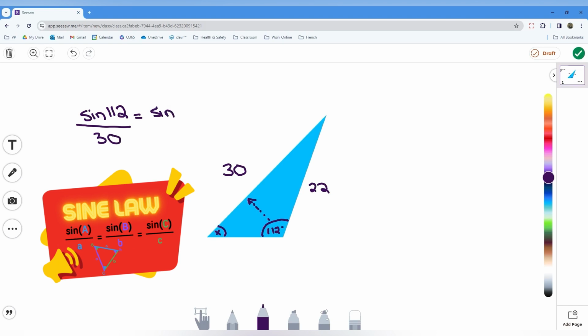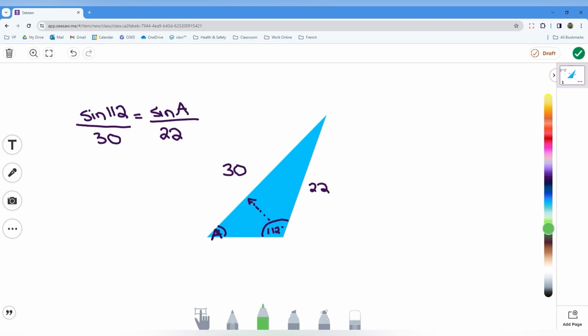I don't know what this is, so this can be our corner, let's say corner A. Then opposite corner A is the side length of 22. So notice again, it is the sine of an angle over the opposite side equals the sine of an angle over its opposite side. When I know 3 out of the 4 values, now I can cross multiply and divide.